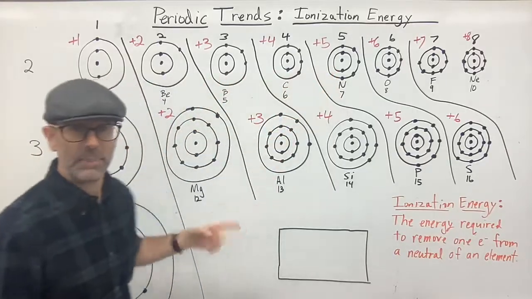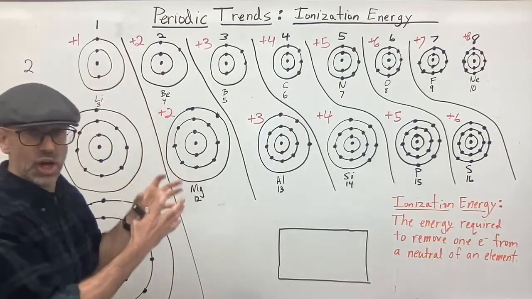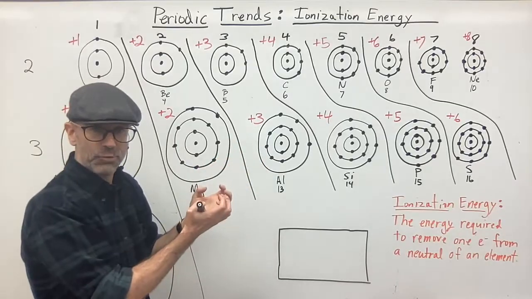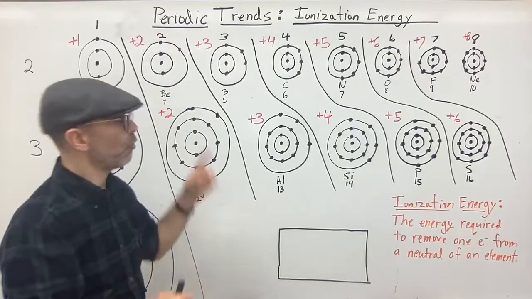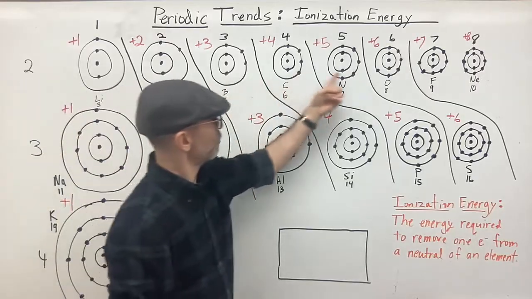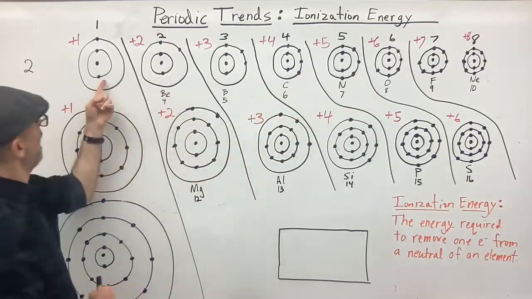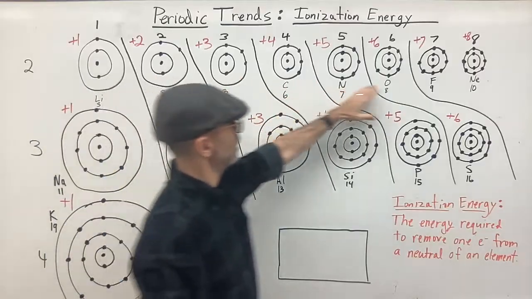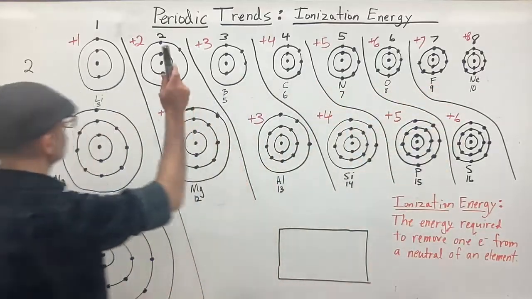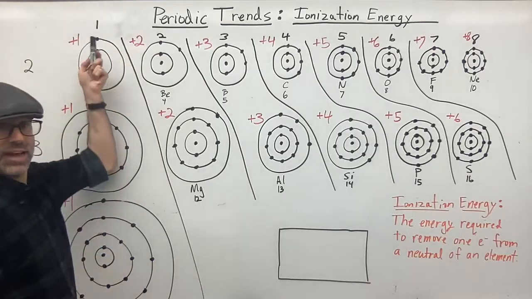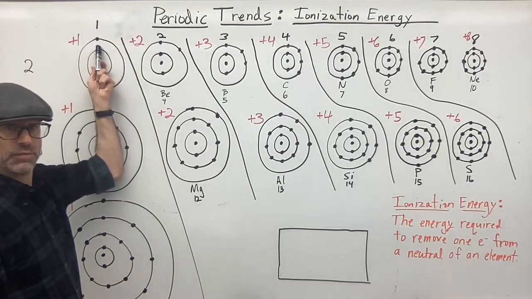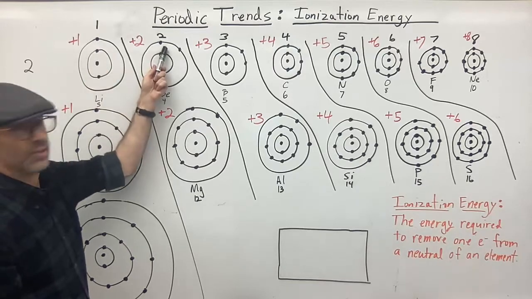So what does that mean? The larger the charge, the more attractive force, the more it's going to pull the electrons in. So the electrons are feeling a greater force as you go across the periodic table. So this electron here is not feeling as much of an attractive force as this electron.